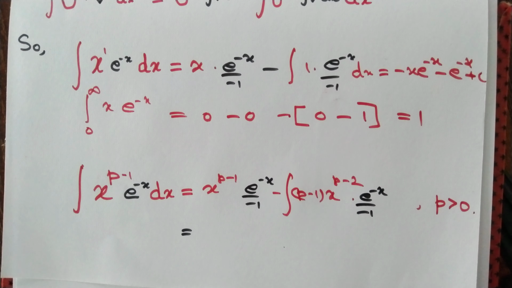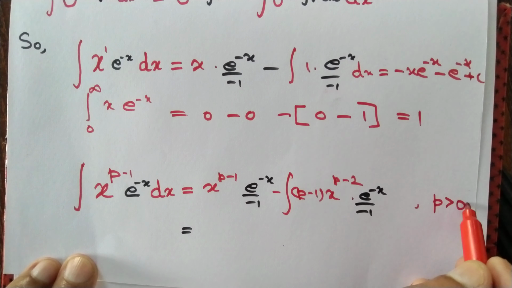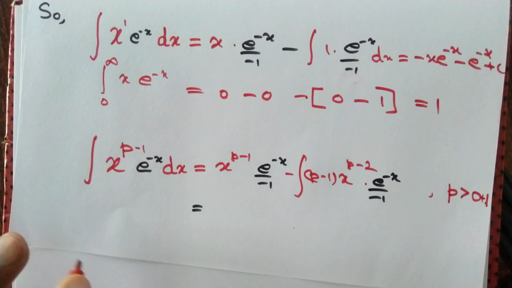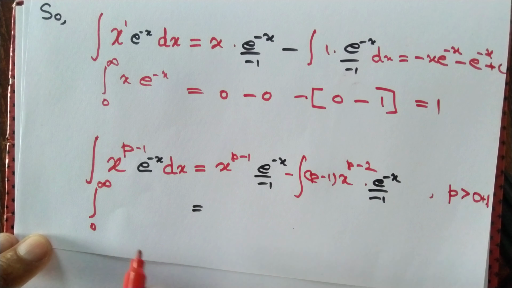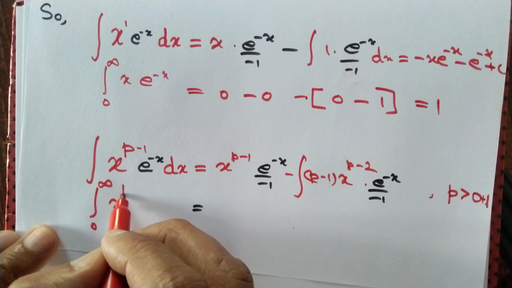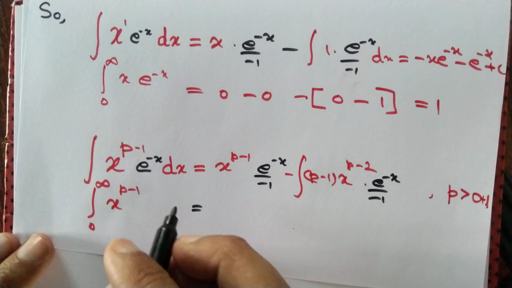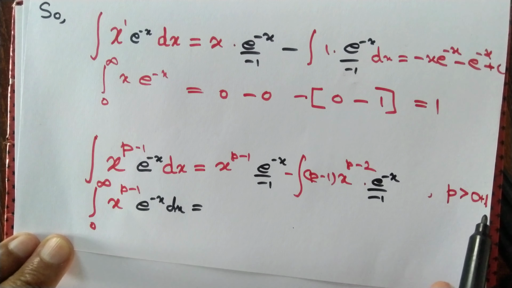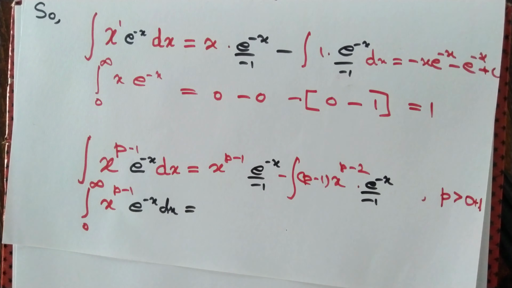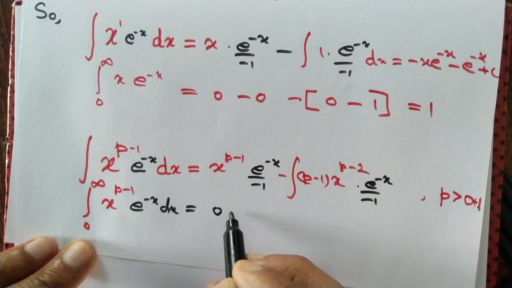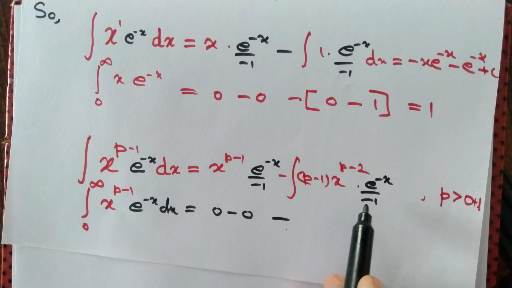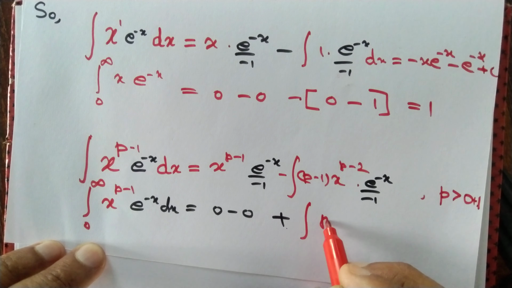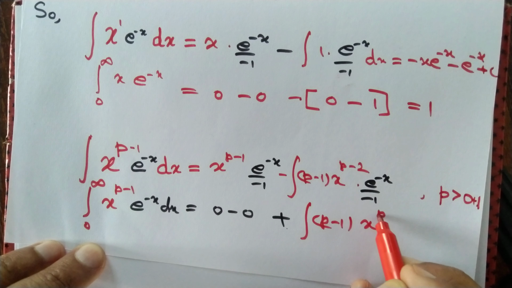We could have taken p greater than 0, but we choose p greater than 1 just for our convenience. And so the integral from 0 to infinity of x to the power p minus 1 e to the power minus x dx equals, once again when we choose p greater than 1, the upper limit turns out to be 0, and the lower limit also 0, minus, minus of minus is plus, the integral of p minus 1 times x to the power p minus 2.